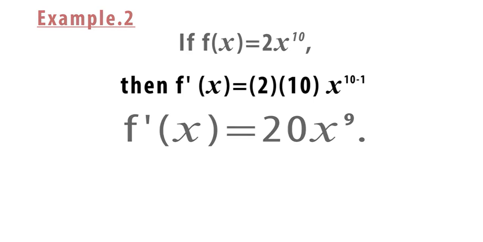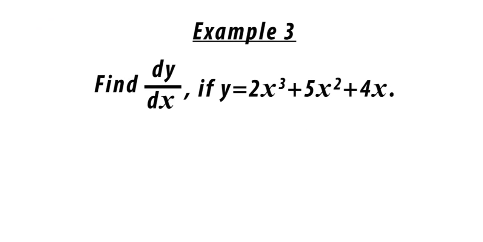Let's take an example. Find dy dx if y is equal to 2x cubed plus 5x squared plus 4x. In this expression, 2x cubed represents the first term, 5x squared the second term, and 4x is the third term.